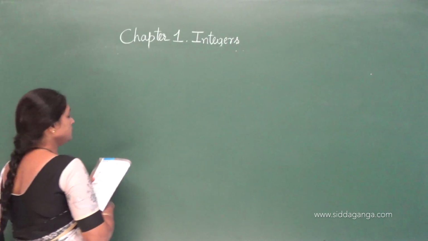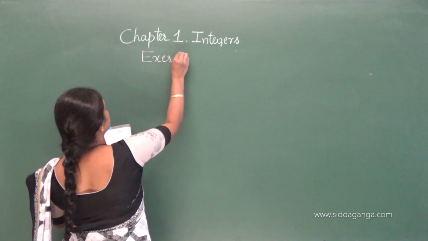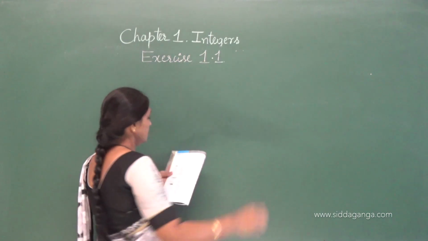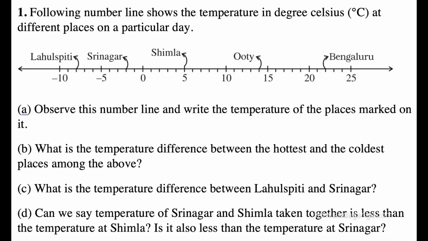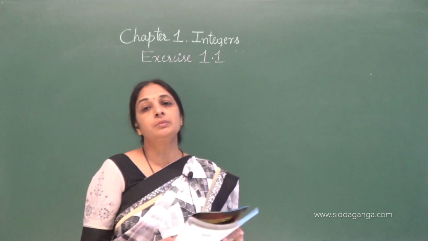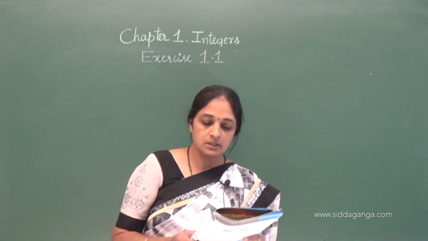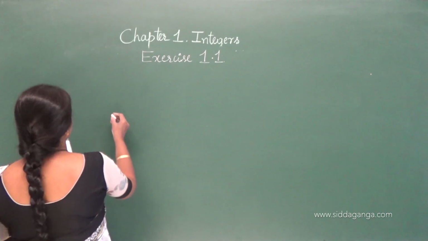Exercise 1.1. Listen to me, I am going to read the question. The following number line shows the temperature in degrees Celsius at different places on a particular day. On one particular day, they have given the temperature of different places, and this is the number line.